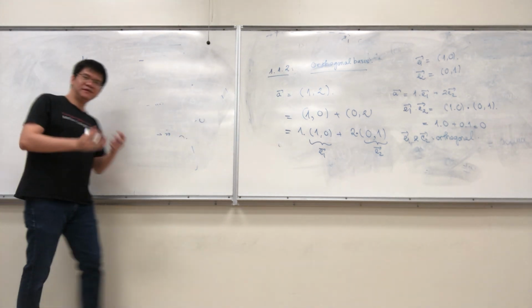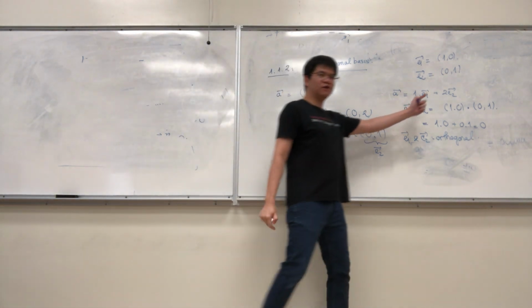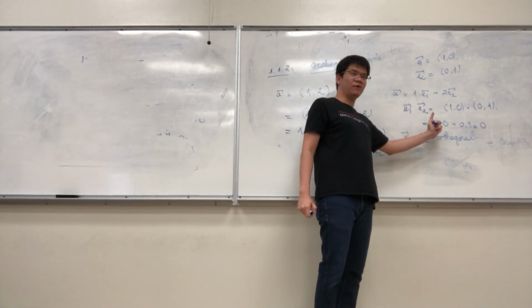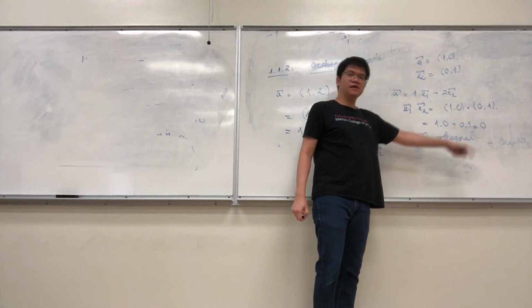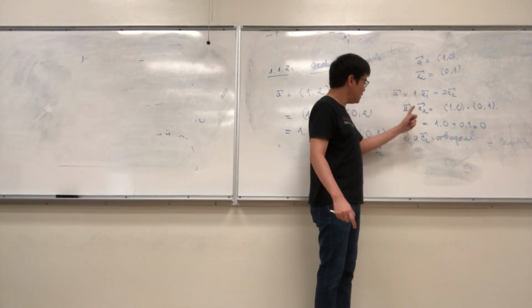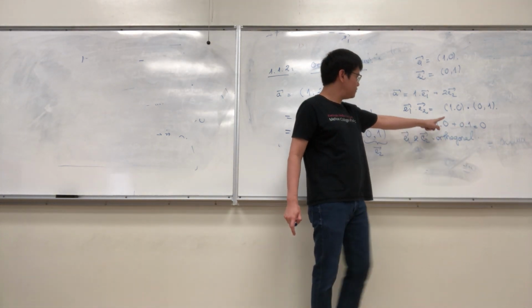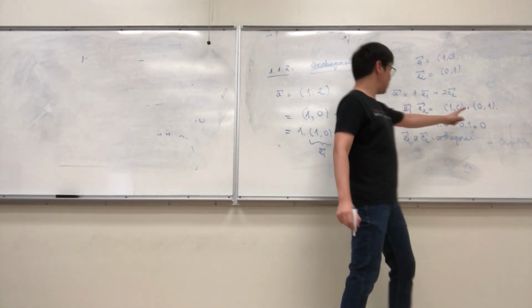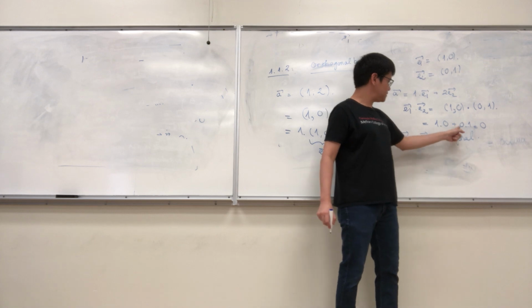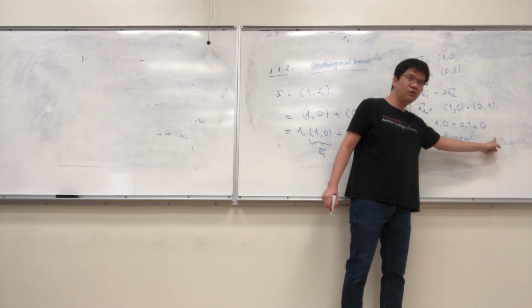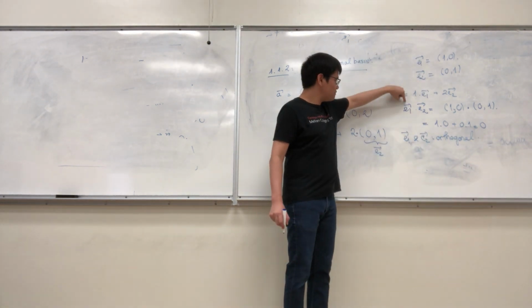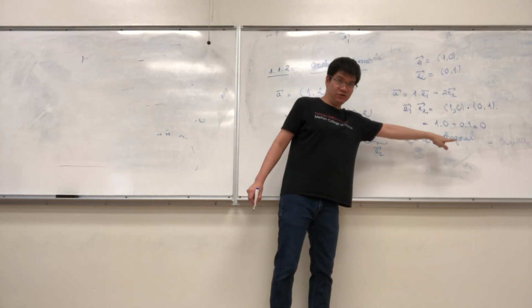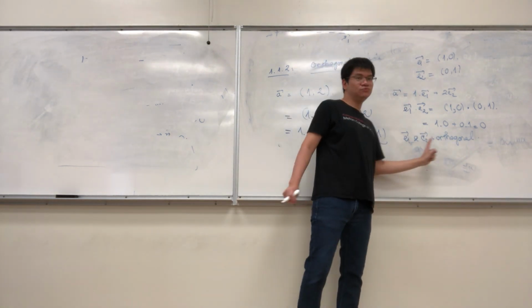So now let me explain this again. After I decompose A into 1 times E1 plus 2 times E2, I observe that E1 times E2 gives (1, 0) times (0, 1), which is 1 times 0 plus 0 times 1, and this is 0. Because the inner product of E1 and E2 is 0, I can say that E1 and E2 are orthogonal.